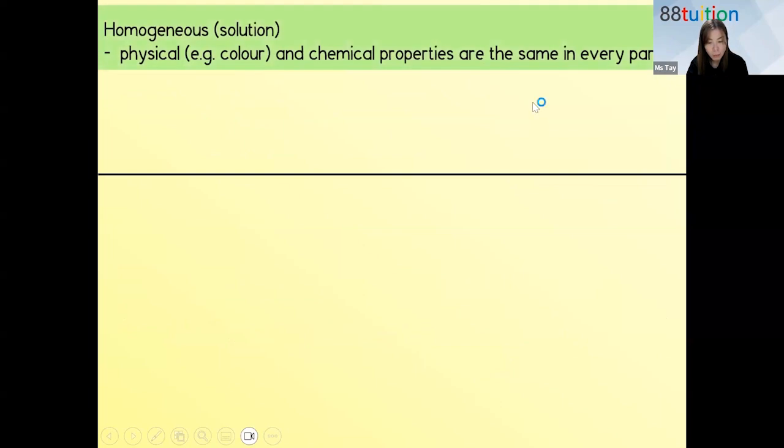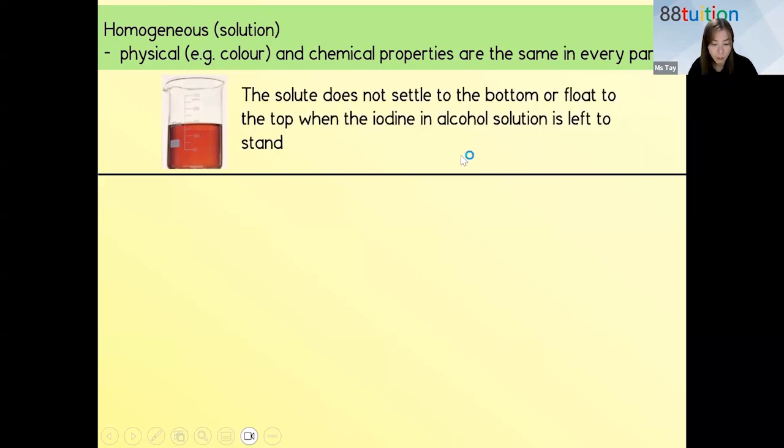Now, the next thing also, take note, we call solutions homogeneous as well. Why call it homogeneous? Because homo means same. So the physical properties, like color, are the same in every part. One example you are seeing now on the slide is iodine dissolved in alcohol.